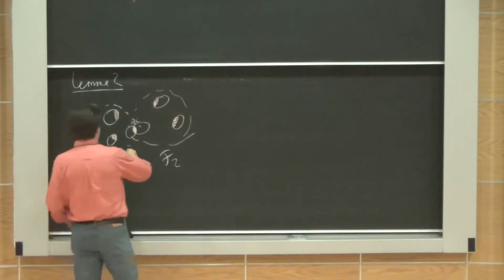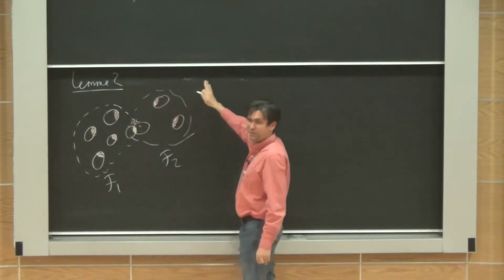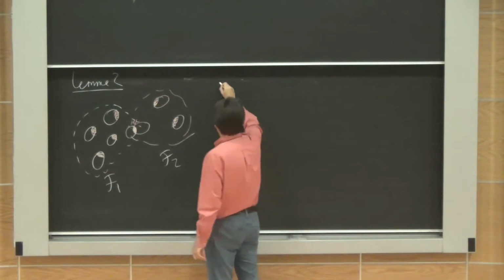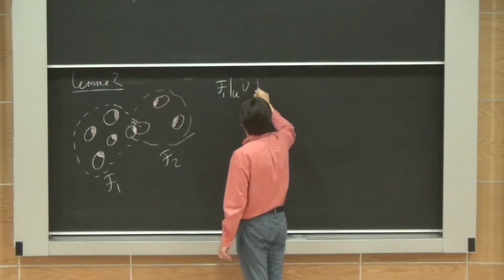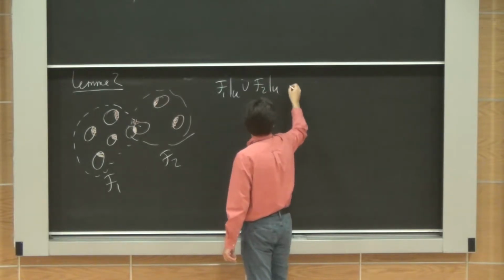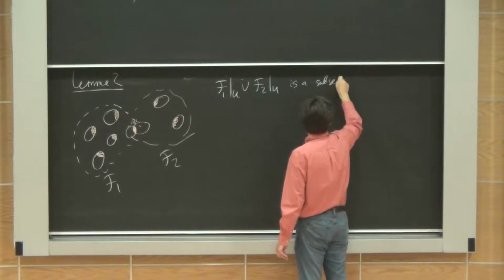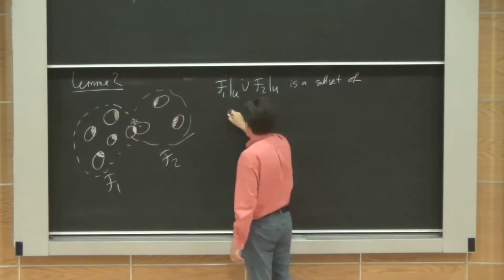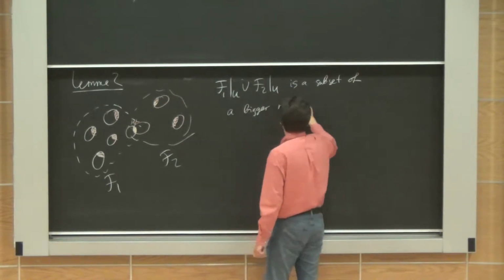So it's clear that, so it's not a statement of the lemma. It's an obvious fact that the restriction of F1 to U and the restriction of F2 to U is a subset of a bigger multisection.